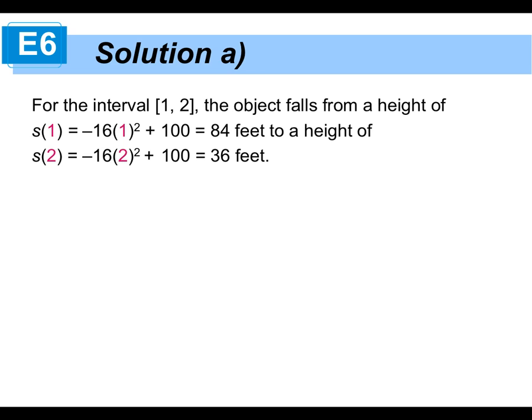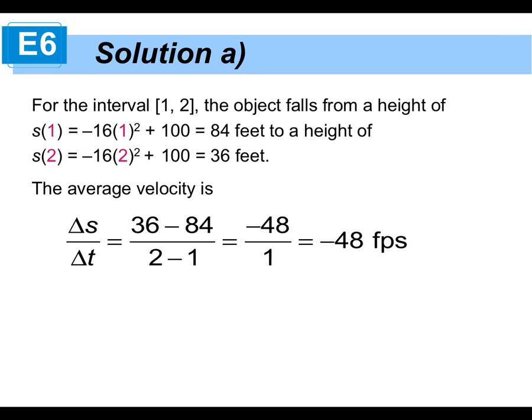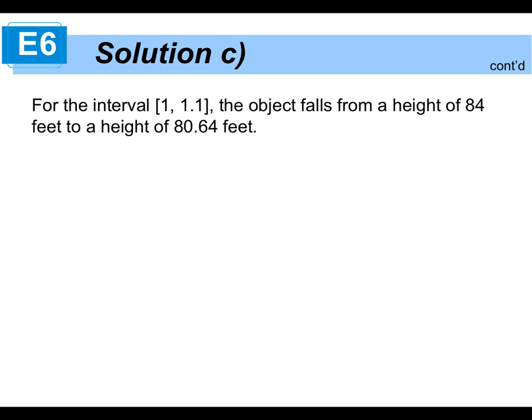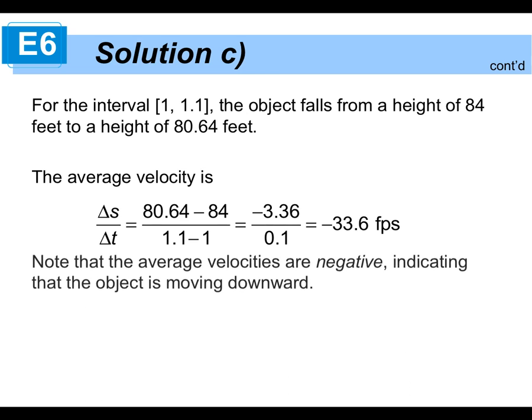So, like we did, plug in 1, plug in 2, calculate a slope, negative 48 feet per second. Nothing fancy. And as I mentioned, it's the slope of the secant line. Average velocity is the slope of the secant line. Instantaneous velocity would be the slope of the tangent line. We don't need to see the other ones. It's just different numbers, same thing. Okay, beautiful.